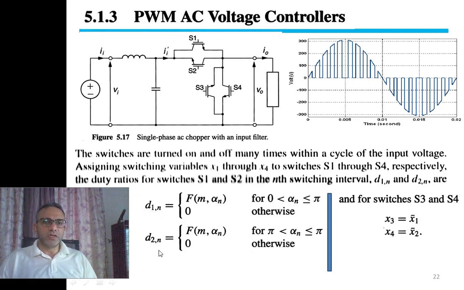D1 represents one power switch, D2 represents the other power switch of the same leg. This represents the switching angle, the time at which the switch will turn on and off.